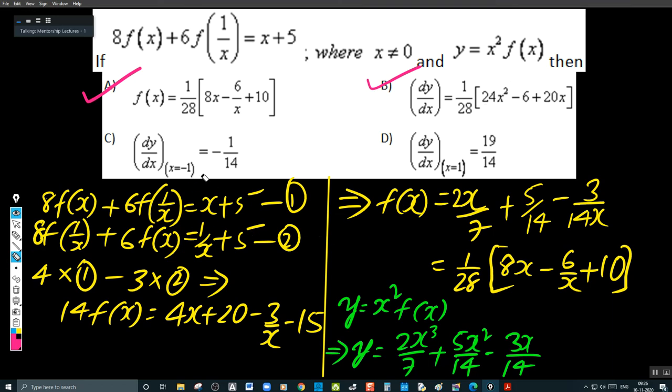Now check it out after putting x equal to minus 1, what are you getting? Substitute here itself, you'll understand. X equal to minus 1 means this is 24 minus 2 by 28 minus 40. That's also right.